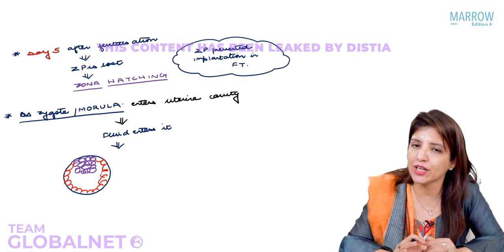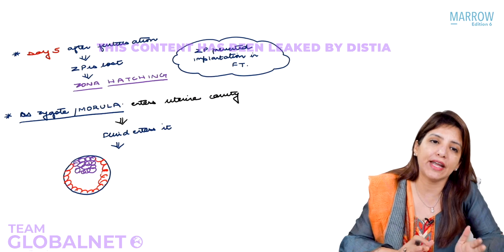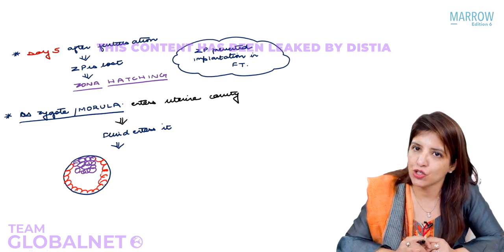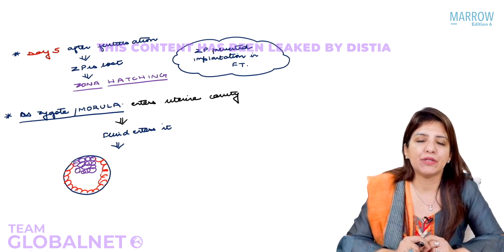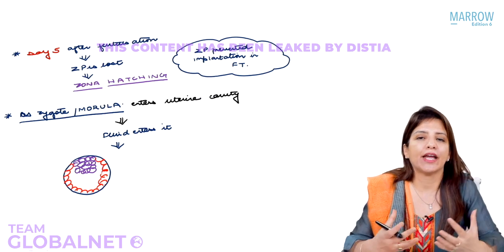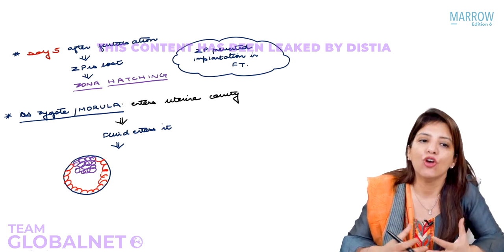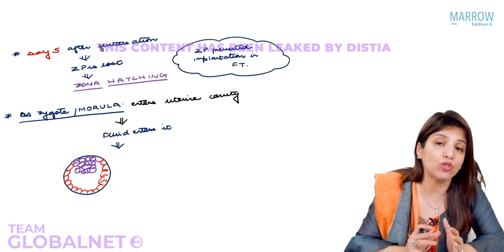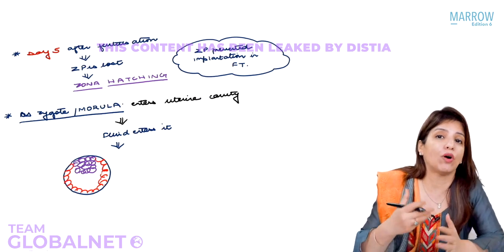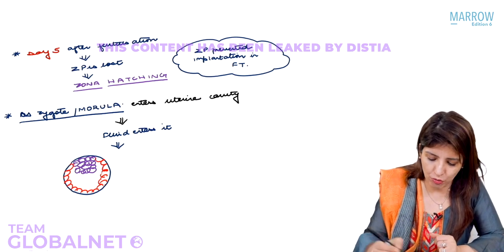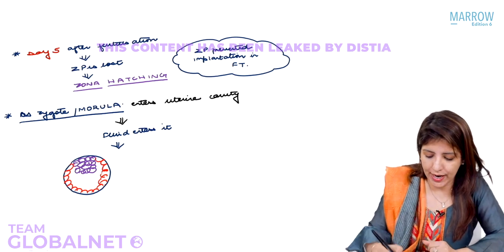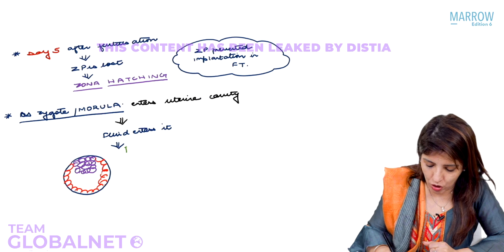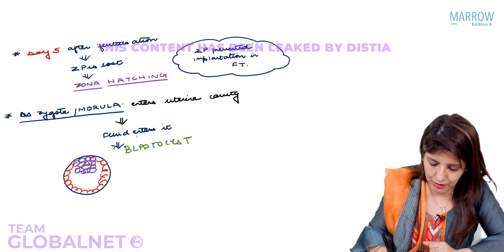Right? So when is zona hatching happening? It is happening on day 5 after fertilization. Right? Now what happens is that as this morula enters into the uterine cavity, fluid will enter into the morula. Right? And anything to which fluid enters, you start calling it as a cyst. So now this morula, because fluid enters into it, you will now call it as a blastocyst.